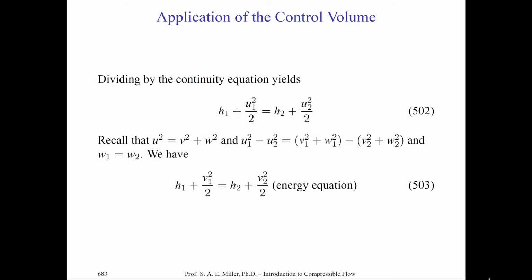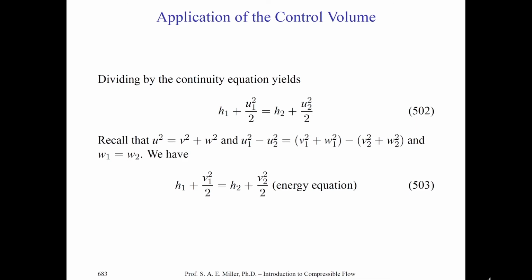Here, then, we can write and expand out U1 squared minus U2 squared equals V1 squared plus W1 squared minus V2 squared plus W2 squared. Why did I do this? So I can rearrange and also know from 502 a form of U1 squared minus U2 squared by subtracting U1 squared over 2 from both sides in 502.